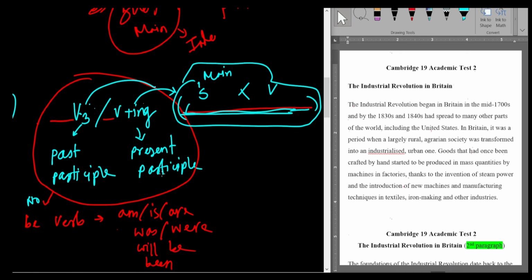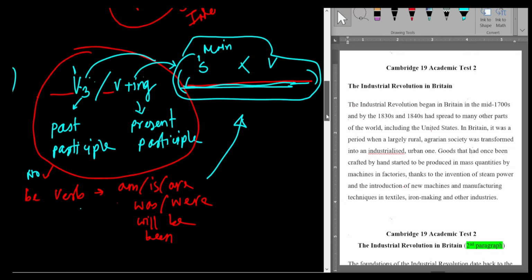But if there is a be verb before V3 or V plus ing, then this is not the rule to follow. We will follow this only if there is no be verb before V3 and V plus ing.